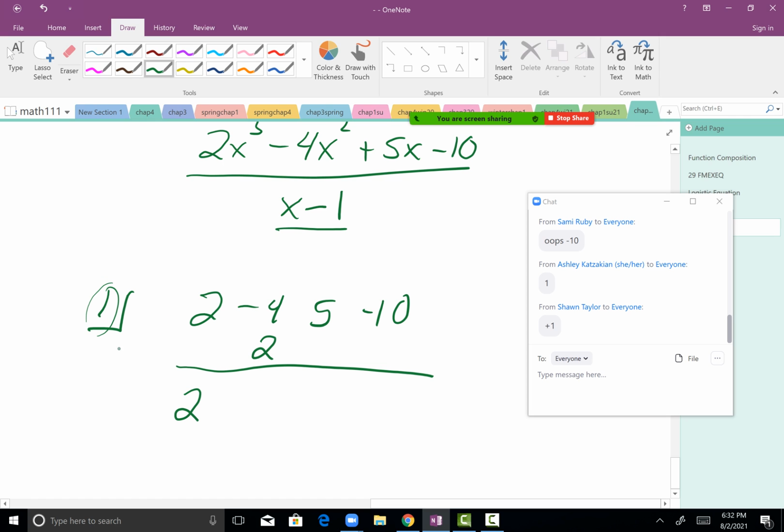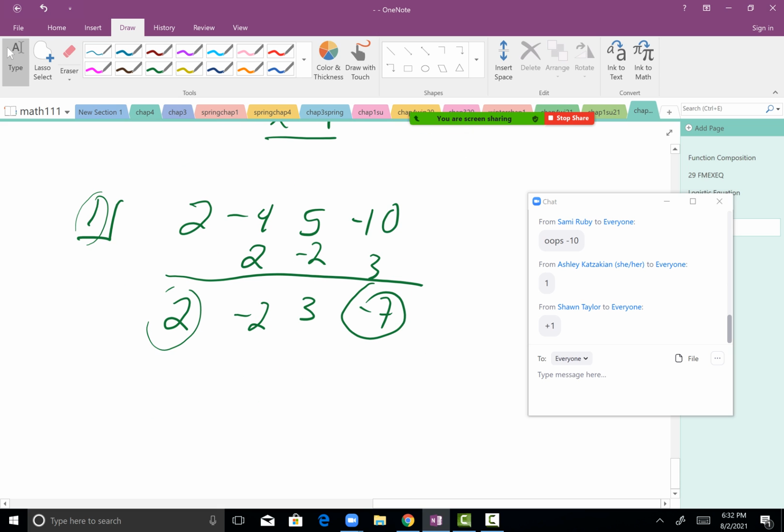We're multiplying here, adding, multiplying, adding, multiplying. There's a remainder. So then 2x squared minus 2x plus 3, remainder negative 7.